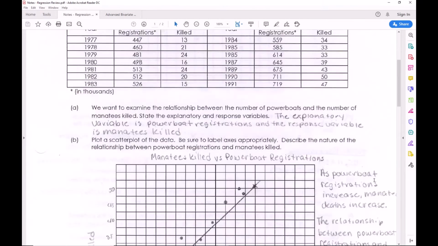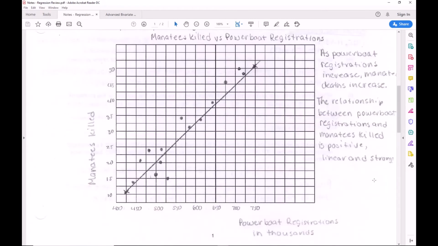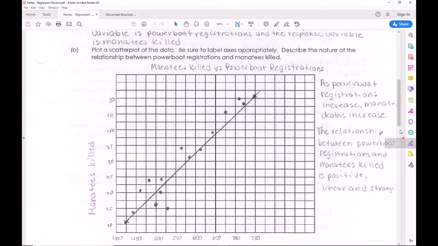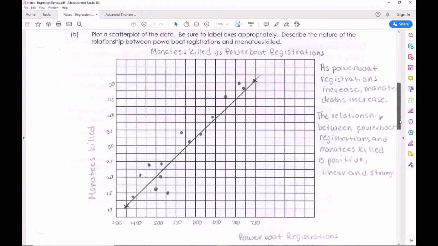Okay, then it asked us to plot the scatter plot. Now I did this. By the way, anything that I seem to be going fast at, just hit pause. You know the drill by now. All right, I went ahead and did the scatter plot, and I even put in the LSRL. I'll talk about that more in a minute. I don't know that I need for you to do this anymore.